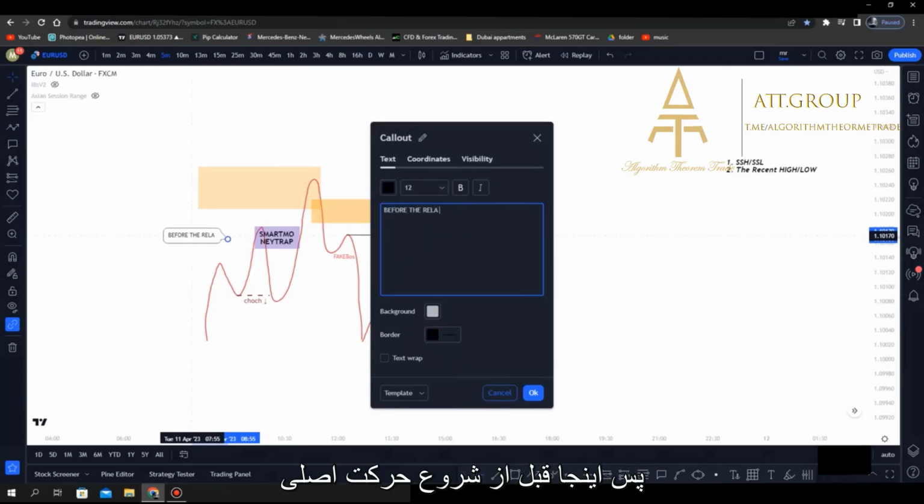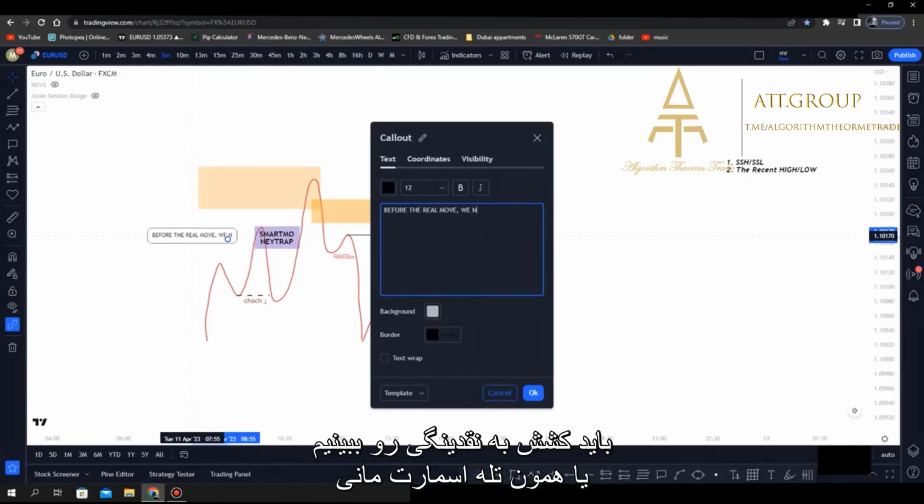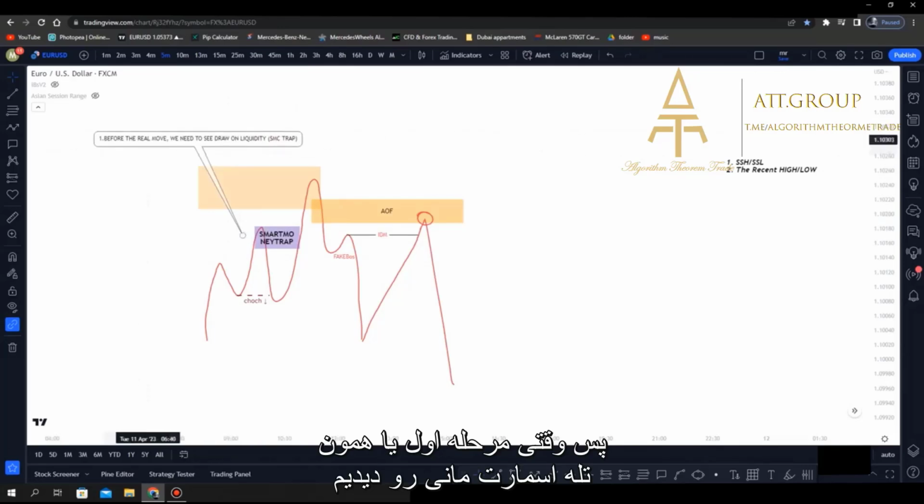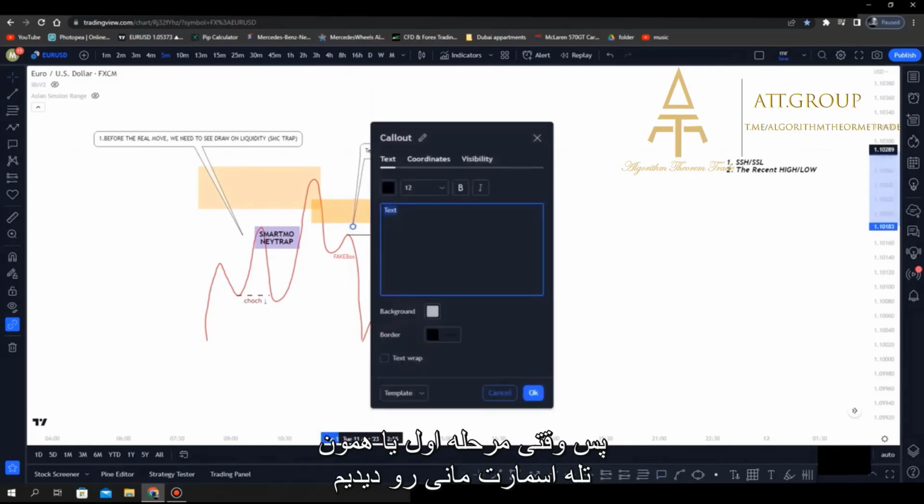Before the real move, we need to see a draw on liquidity, an SMC trap. Once we have the number one thing, the smart money trap, then we need to see the substructure high being formed with IPA, or area of fill-in, which is the same thing.